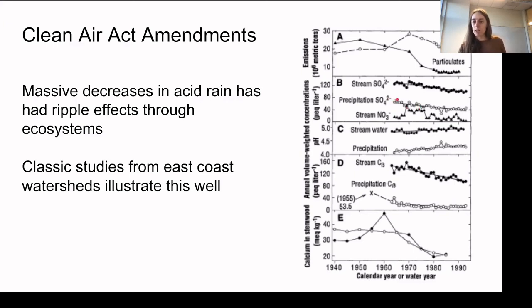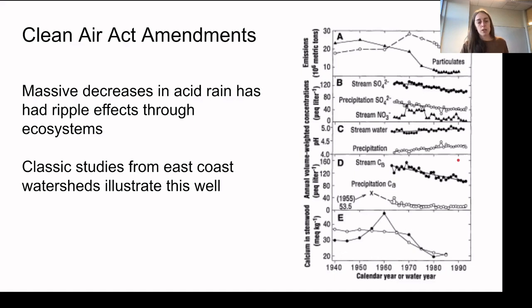And then in our precipitation, we can see these beautiful declines in sulfate, which is coming out in precipitation as a result of SOx in the atmosphere. And then similarly, we have this beautiful decline in sulfate in our streams. Similarly, for NOx, we have this decline in nitrate in our streams as well.